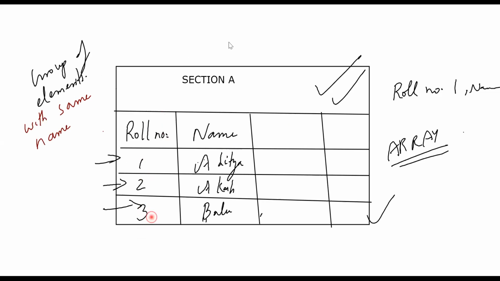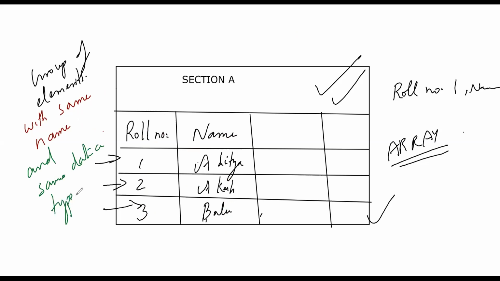Roll number 1, 2, 3. Name is Aditya, Akash. That is same name. Group of elements with same name and same data type.